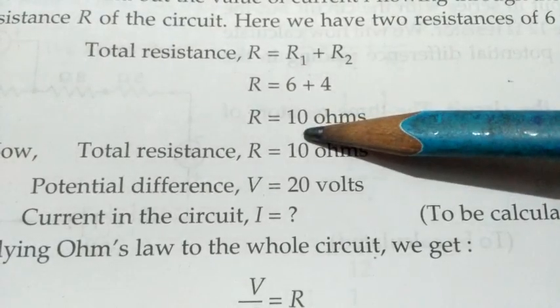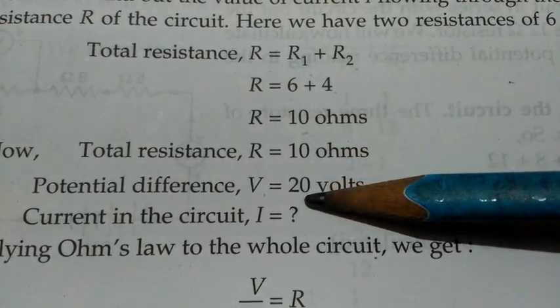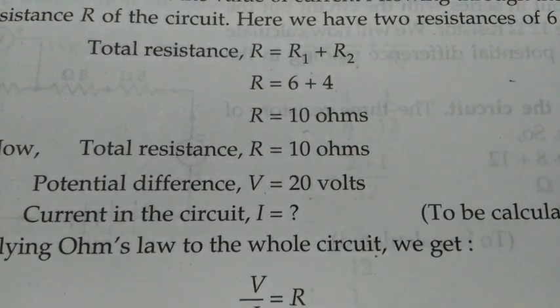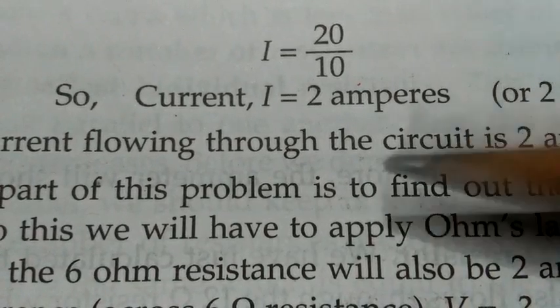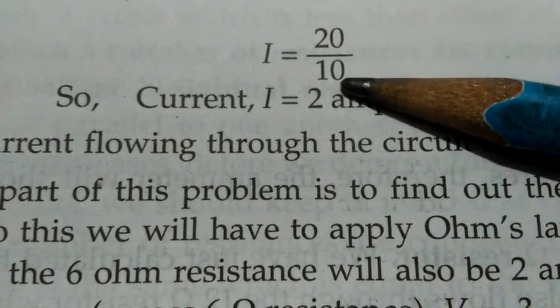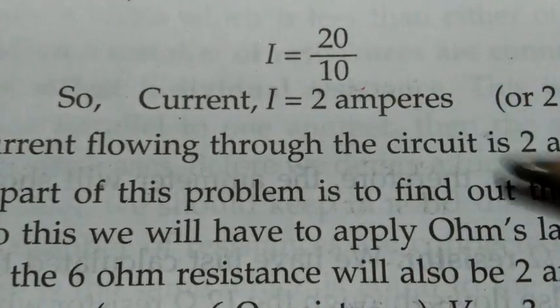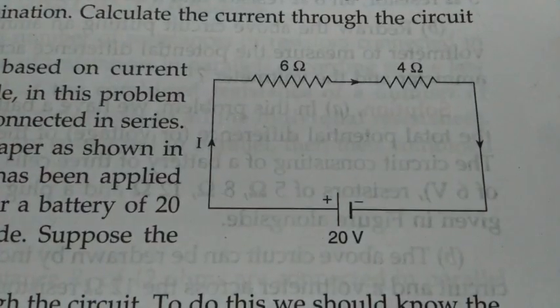This is the total resistance of the circuit. The voltage connected in the circuit is 20 volts. Now from Ohm's law, I equals V upon R. Putting the values, 20 upon 10, I equals 2 amperes. So this is the total current flowing in this circuit.